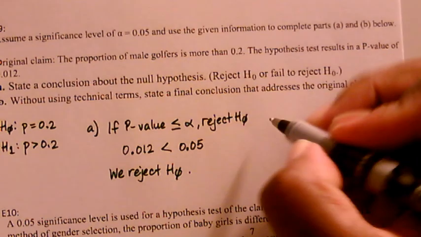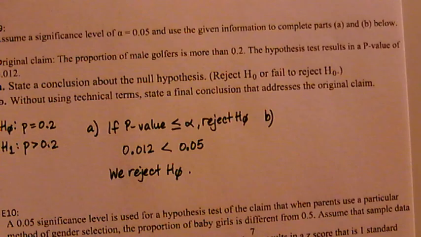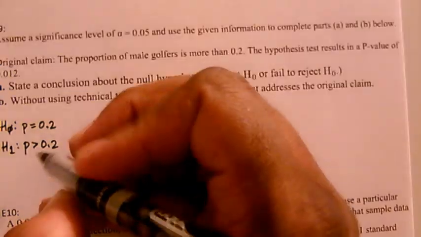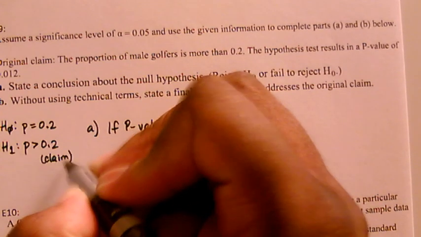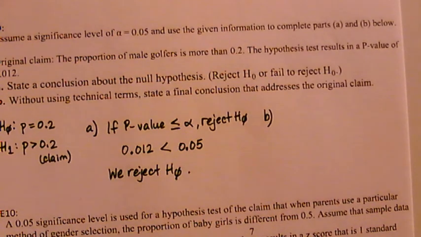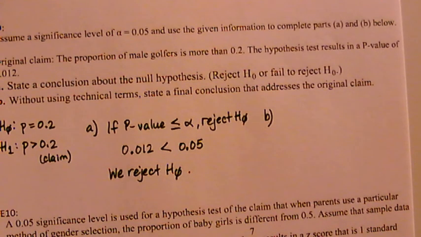Okay. Now part B is stating the final conclusion that addresses the original claim without using technical terms. Well, here, your alternative hypothesis is the claim, because you're told that the proportion of male golfers is more than 0.2.